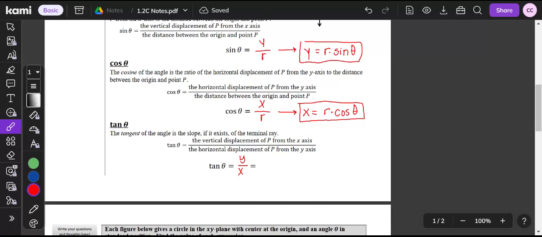So now I know if y is equal to r sine theta and x is equal to r cosine theta, then that means the tangent must be r sine theta divided by r cosine theta. And the r's cancel. So just like in the unit circle, whether we're on the unit circle with radius 1 or not, tangent is always equal to sine divided by cosine.